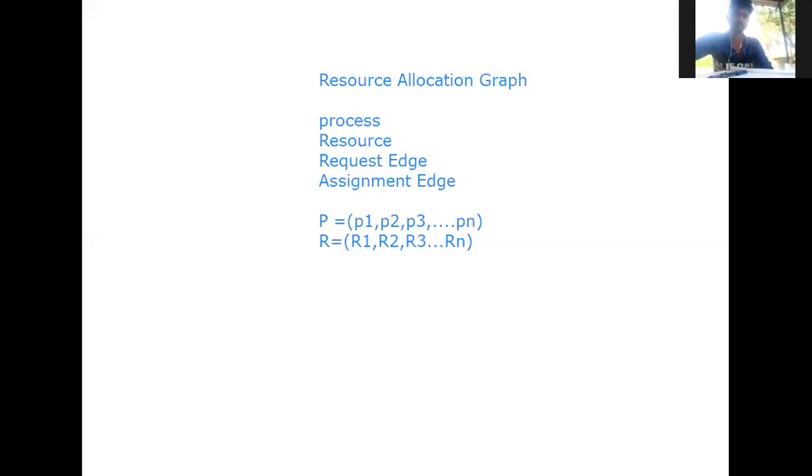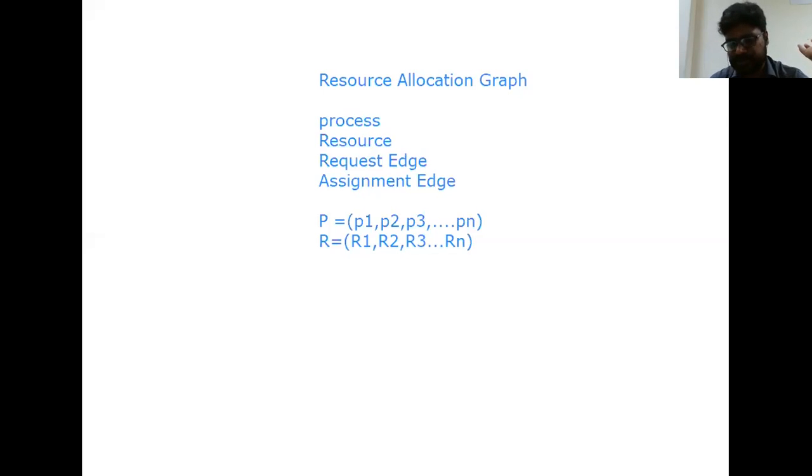Now this printer is assigned to this process P1. Then we have to represent it like this with this arrow mark. If we represent it with this arrow mark, we can say the resource R1 is allocated to P1. This is an assignment edge. A request edge is totally different from an assignment edge. Now the resource R1 is assigned to P1.